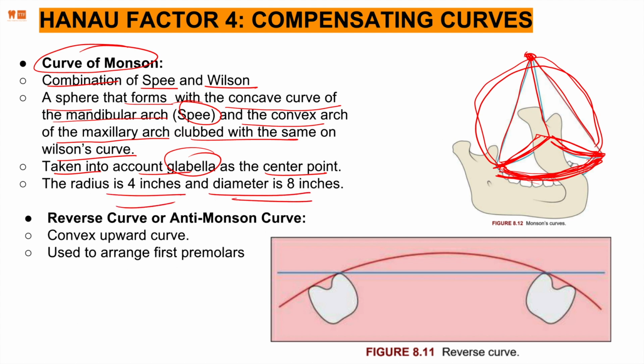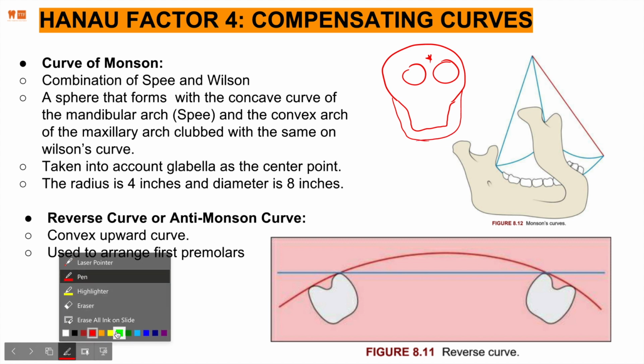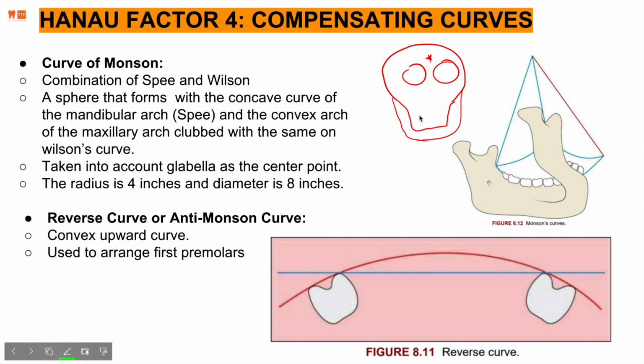So in other words, if I were to explain this better for you guys, if this is our skull, where's glabella? Right here. Where's our mandible? Right here. So what would the curve look like? The curve of Spee would be anteroposterior.